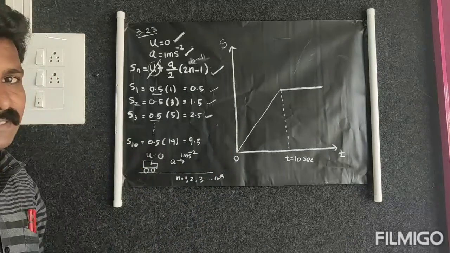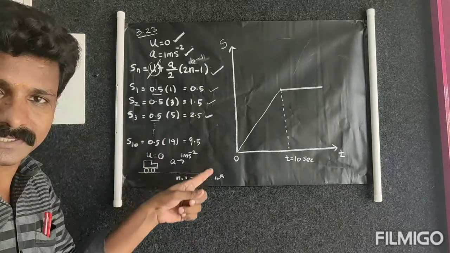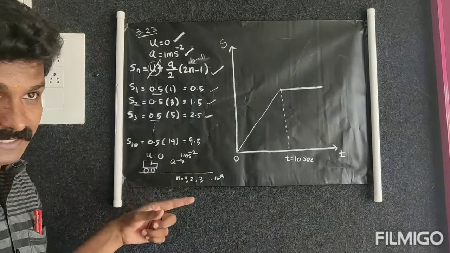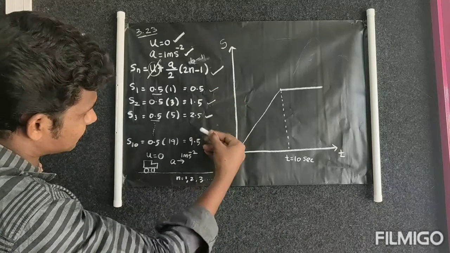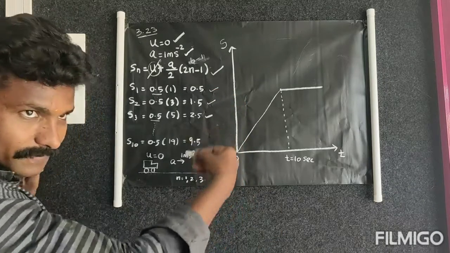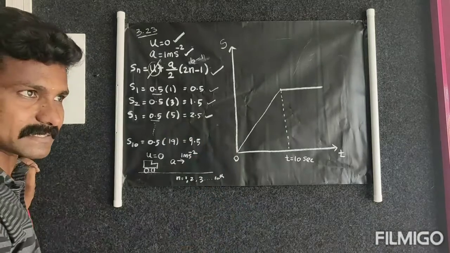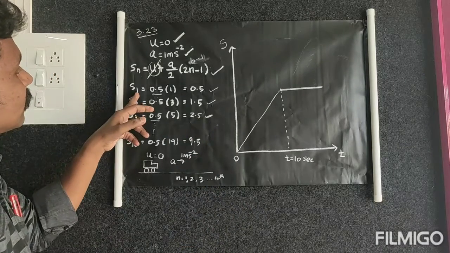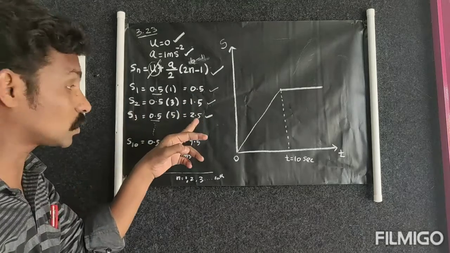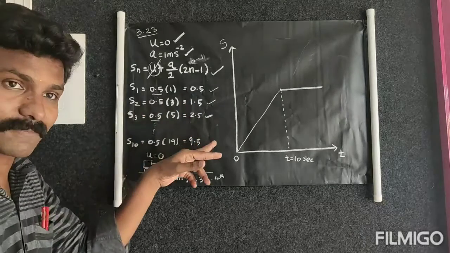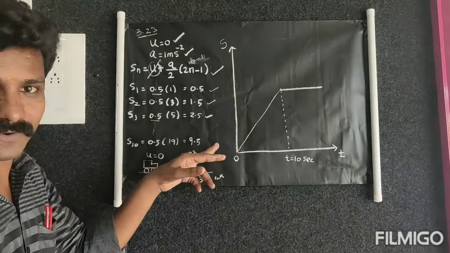So by looking at this we can see it is going gradually, a uniform variation: 0.5, 1.5, 2.5, 3.5, 4.5, 5.5, 6.5, like that it is increasing. For the first second 0.5, second second 1.5, third second 2.5, fourth second 3.5, fifth second 4.5.